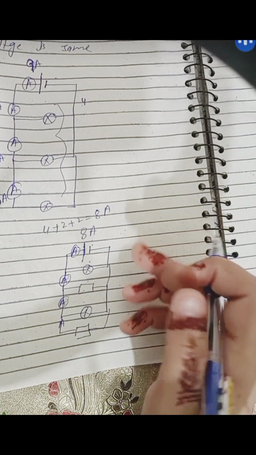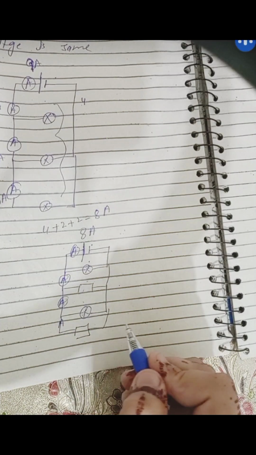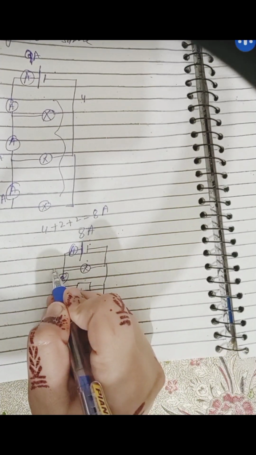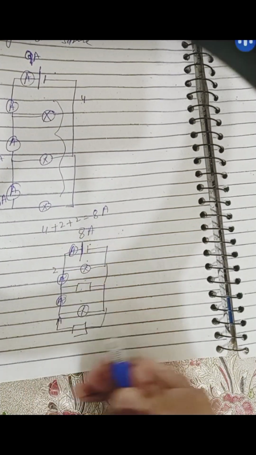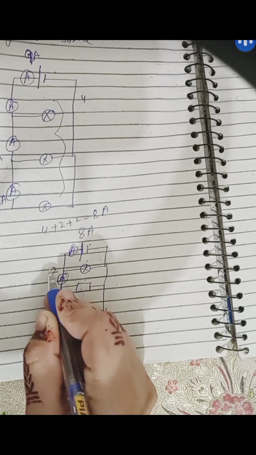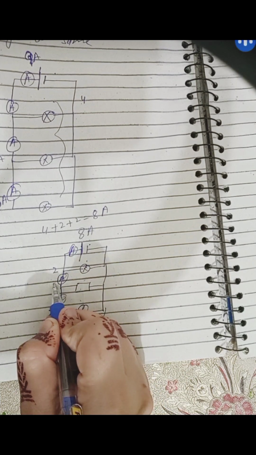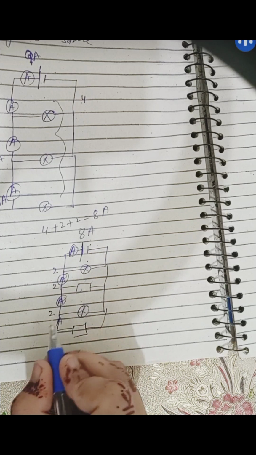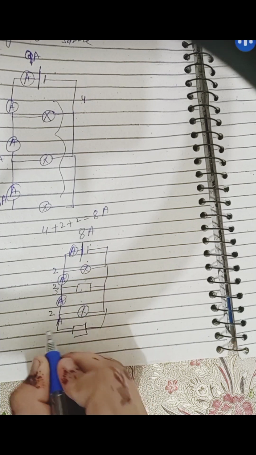These two components will receive the same, like 2 and 2, then these two will receive the same, 3 and 3.